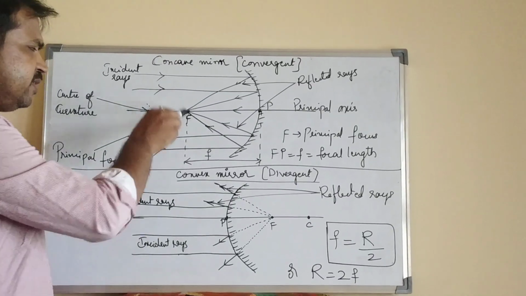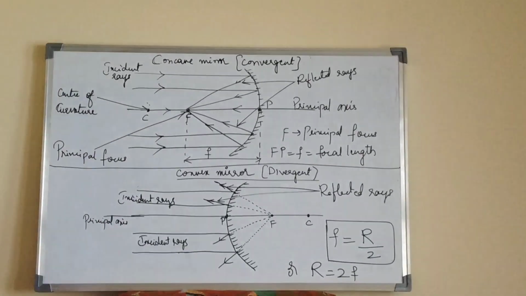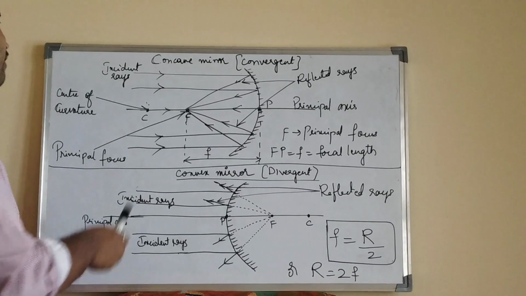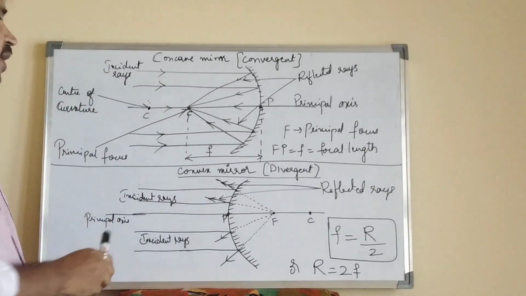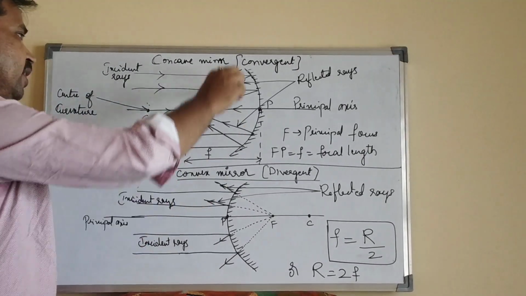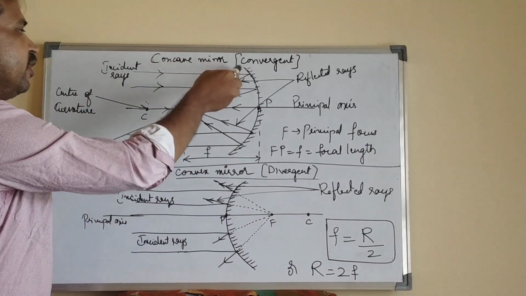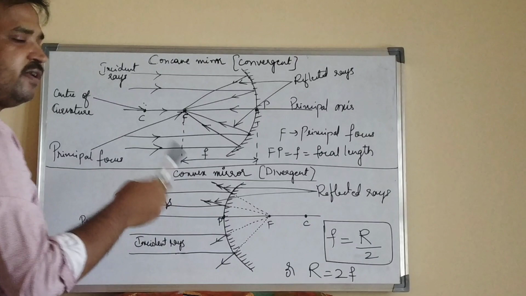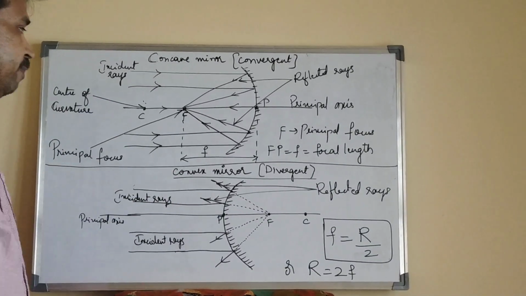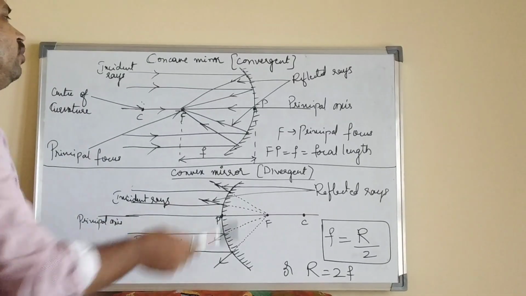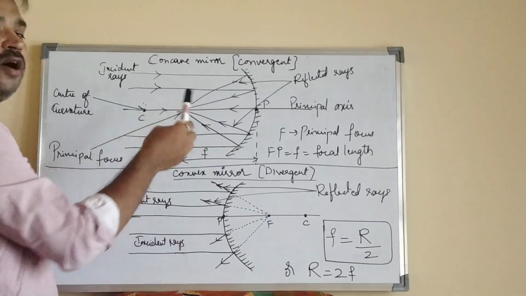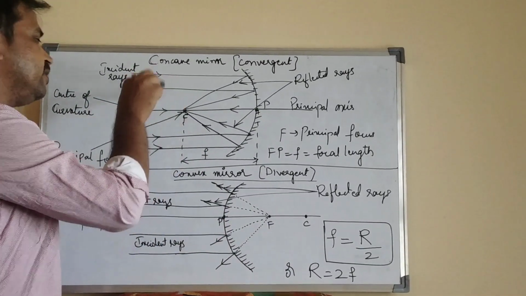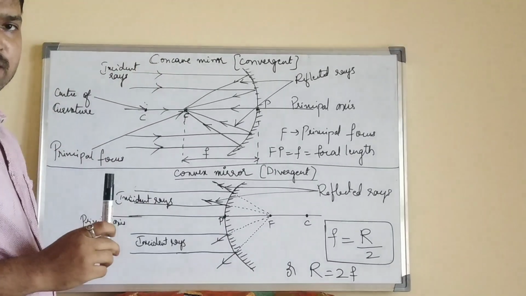Now, what is the speciality of principal focus? Remember, whenever the incident rays coming from any source are incident on the reflecting surface of the concave mirror, that is, the inside reflecting surface, compulsorily all those reflected rays have to meet or pass through the principal focus.